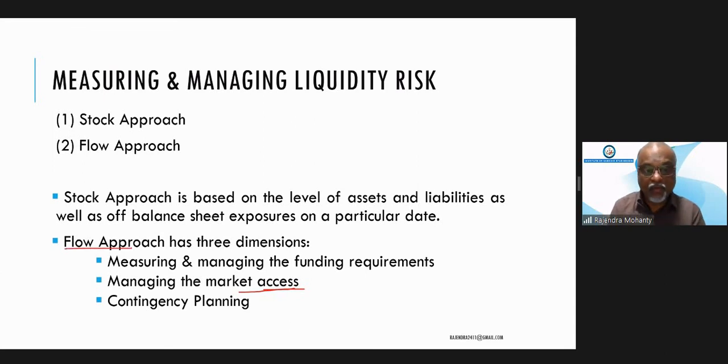How the flow of money, the cash flow of the bank, inflow and outflow will be managed. For that, you need that funding requirement. So knowing the gap, measuring the gap is the stock approach. After knowing the gap, when you calculate the gap and manage the funding requirement, that is the flow approach. Okay, so this is the only thing about the stock approach and flow approach.